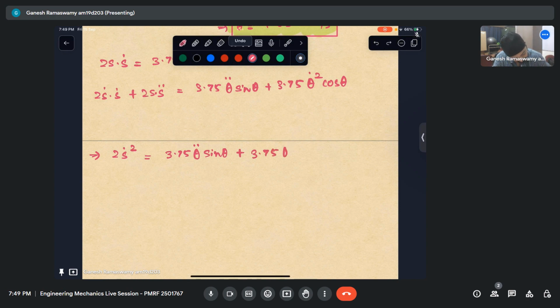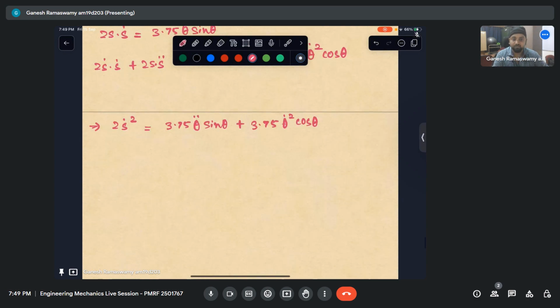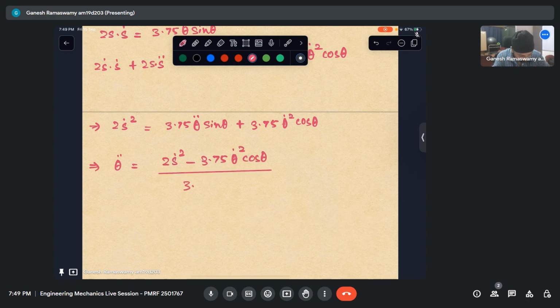Now can I solve for theta double dot here? So theta double dot is nothing but 2s dot squared minus 3.75 theta dot squared cos theta divided by 3.75 sine theta. So this expression I have got.